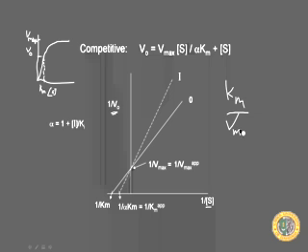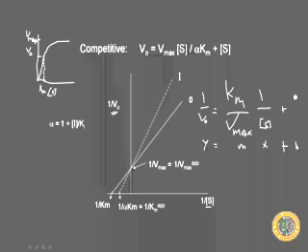Y, the letter Y, is equal to 1 over V0. I spoke already of Km over Vmax as a slope, and 1 over substrate concentration is our X, plus B. And B is 1 over Vmax.